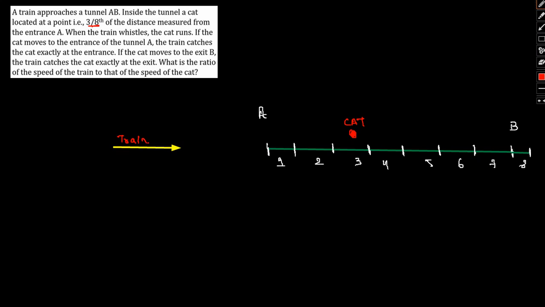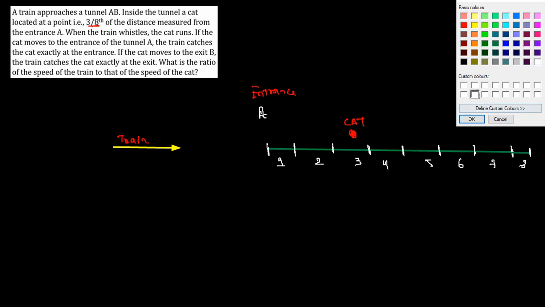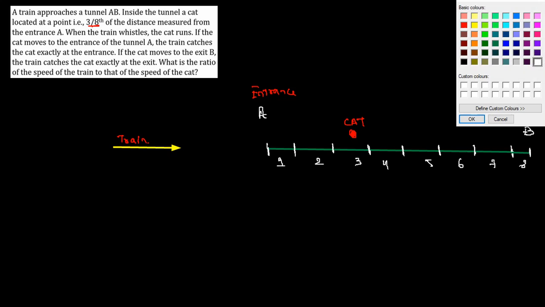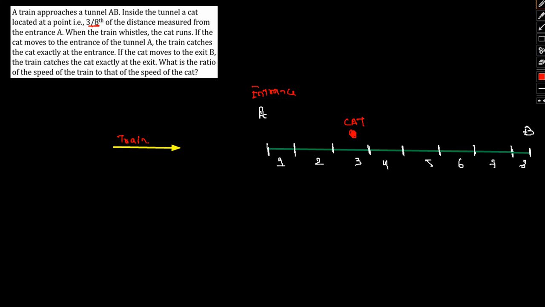Now it is said if the cat runs towards the entrance, so this is the entrance and this is the exit B. The train is approaching from this end.